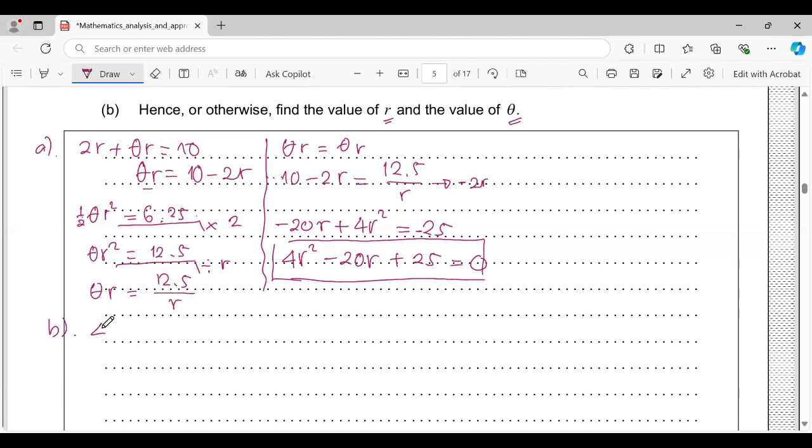Through this equation, simplify for 0, factorize 2r, 2r, and minus 5, minus 5. So 2r minus 5 equals 0, so, oh sorry, r equals 5 half. R equals 5 half.